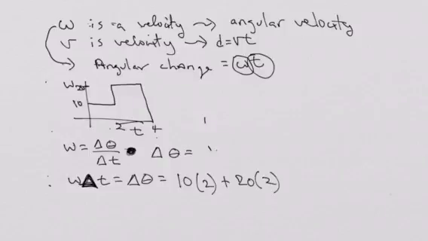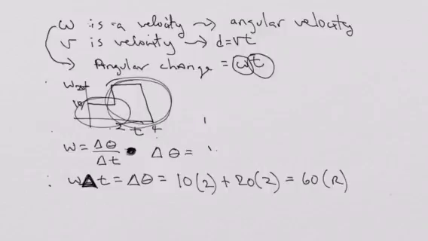So I have 10 times 2 plus 20 times 2, and that's equal to 20 plus 40, which is 60 radians. That's how far the angle has progressed. So the angle has progressed 60 radians.